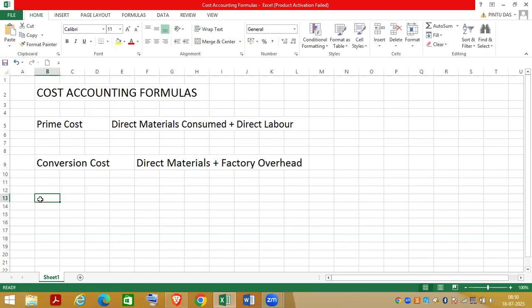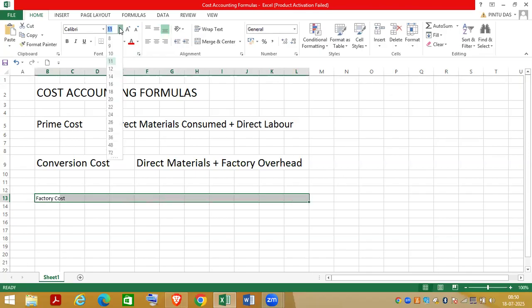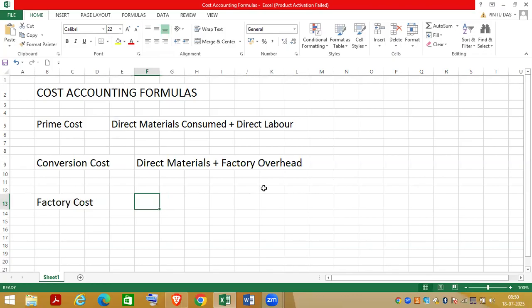Then we have another one, the factory cost. Factory cost is direct materials plus direct labor plus factory overhead.